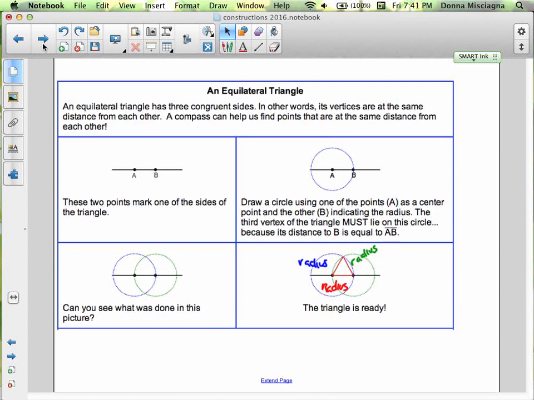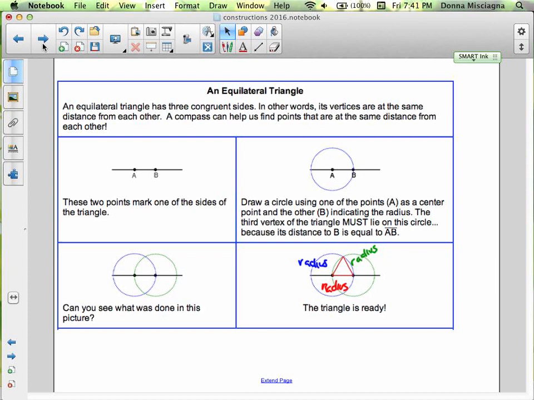So draw a circle or a big arc using one of the points as a center, and the other indicating the radius. In this case, before I just picked any length I wanted, because I wanted two sides to be the same, and I didn't care if they were the same as side AB.